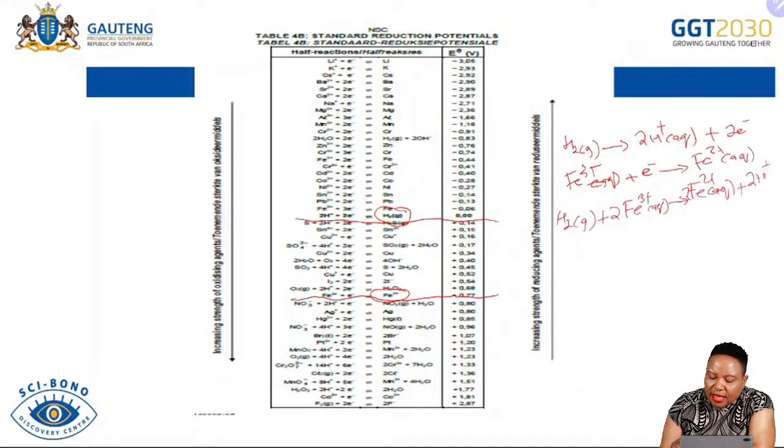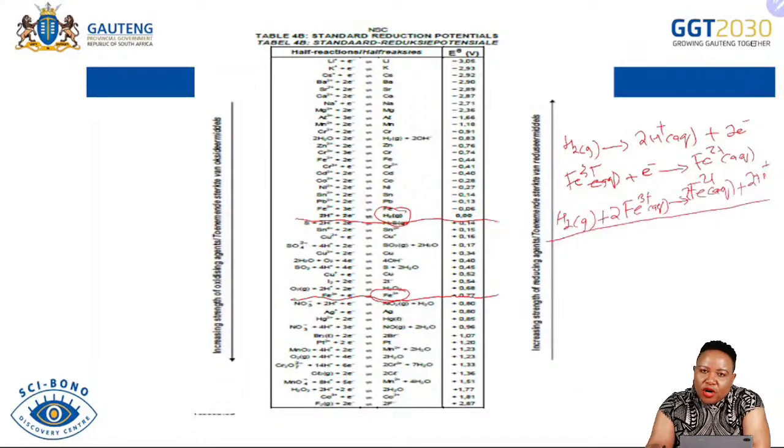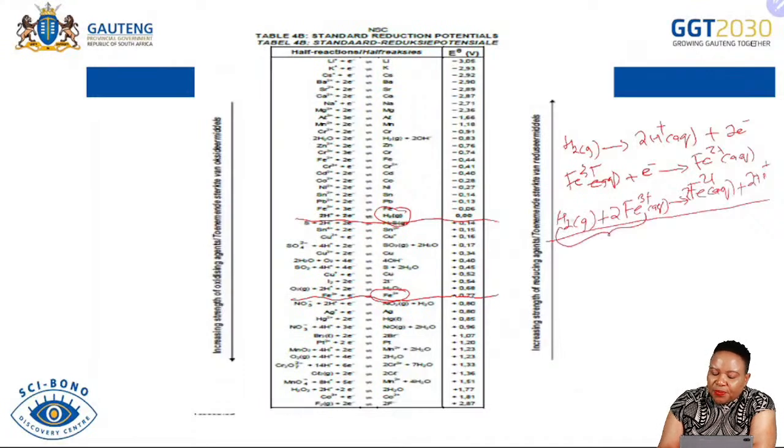It doesn't matter whether we start with an H+. So this is our overall reaction. Therefore, now if you have to identify your reducing agent and your oxidizing agent, we are going to look at this side. This one is going from 0 to 1, so it means it's our reducing agent.